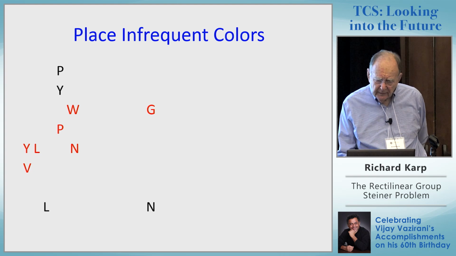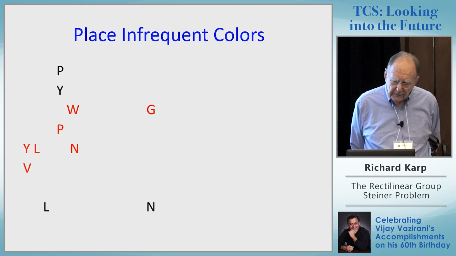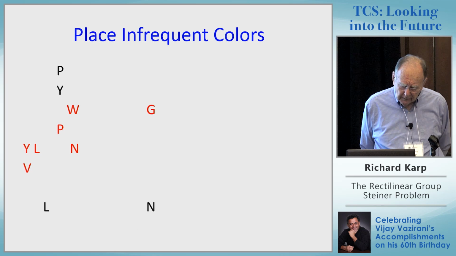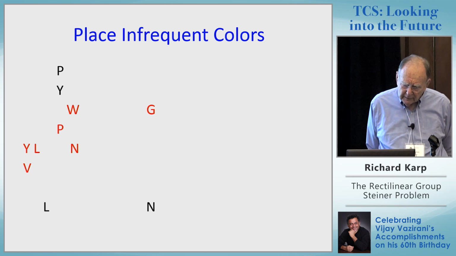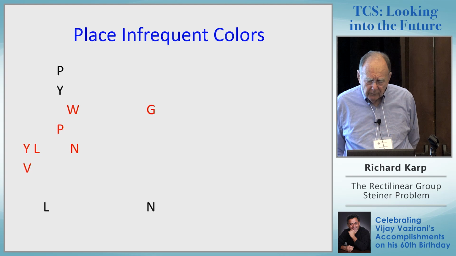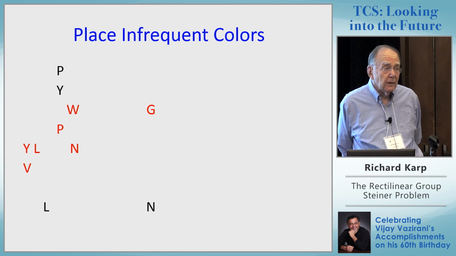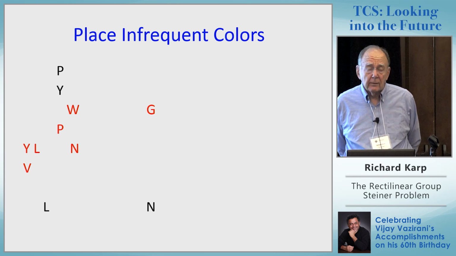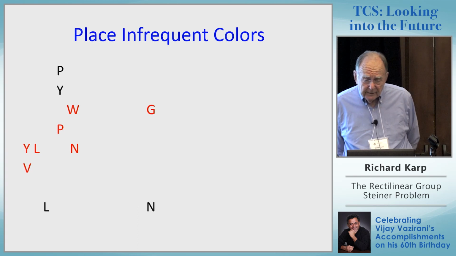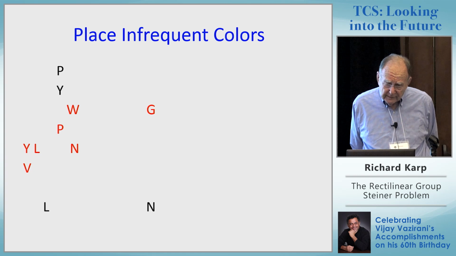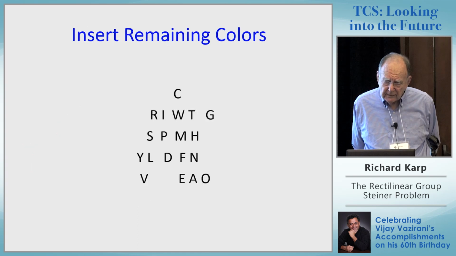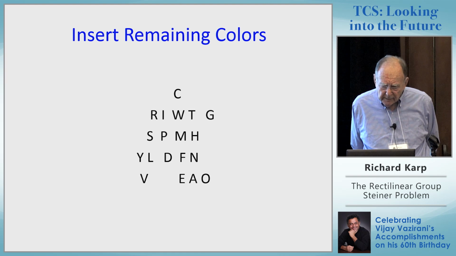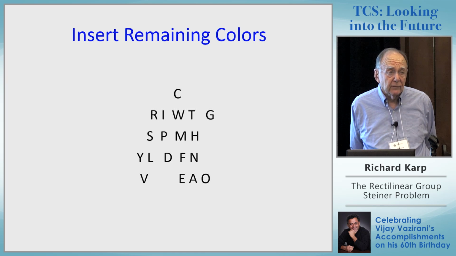The next step, which isn't really adequately explained here by this picture, is to go through the remaining colors, building upon this partial solution, take each of them in turn in increasing order of frequency, and choose a representative of each of those colors in turn, choosing the representative which is closest in a certain sense to the connected structure that has been created so far.